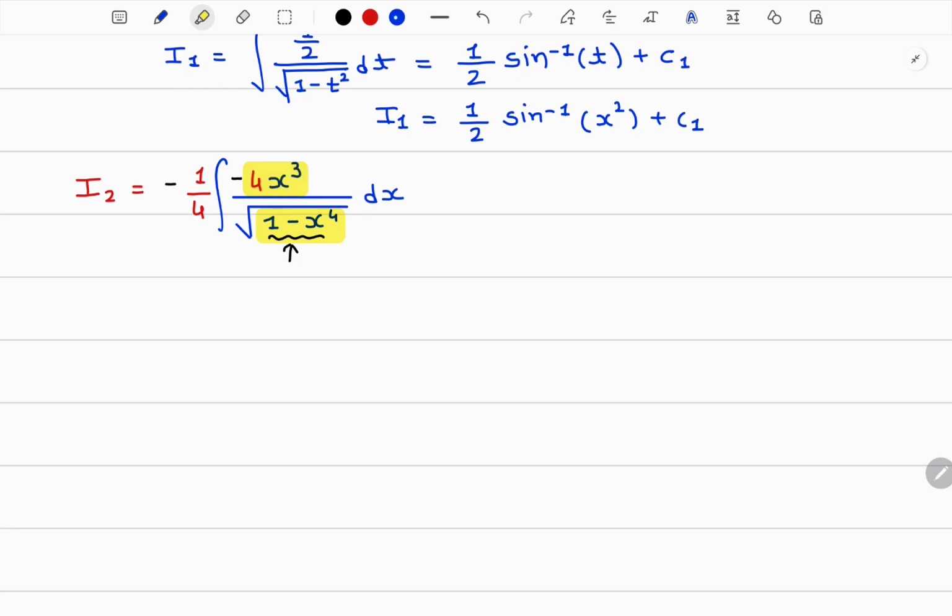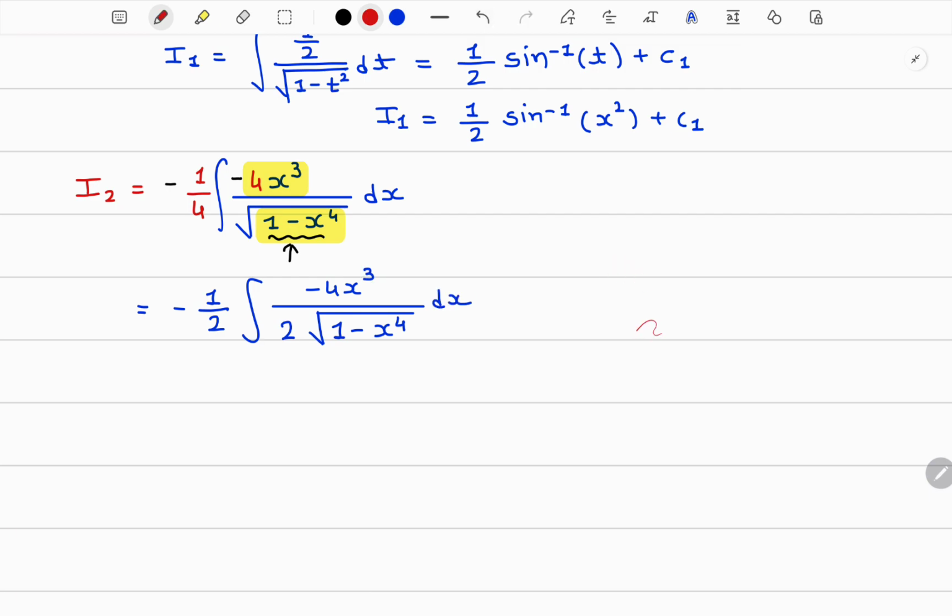Chalo. So first of all, minus 1 by 2 into 2 times 1 minus x raised to 4, and this is d by dx of 1 minus x raised to 4.